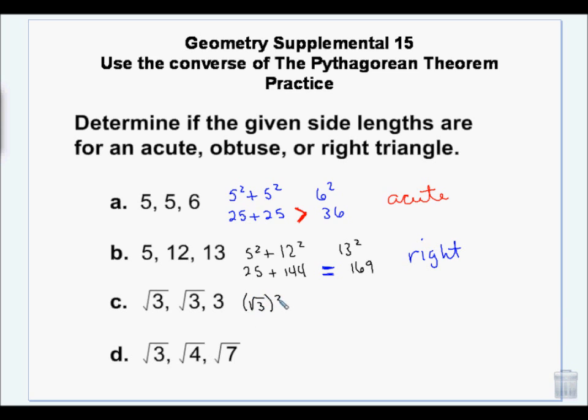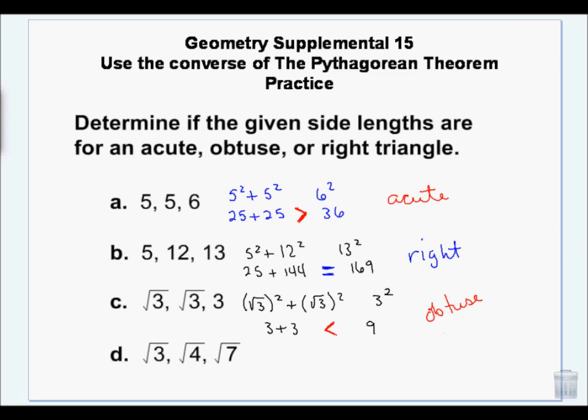Then I have the square root of 3 squared plus the square root of 3 squared and then 3 squared. So this is 3 plus 3 and 9. This one's less than, so that's obtuse.